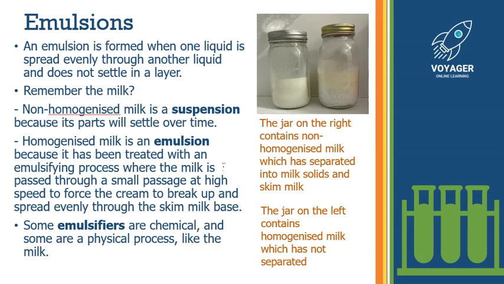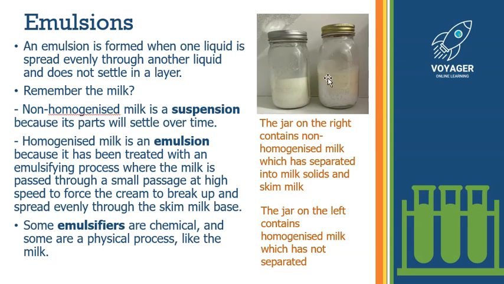This is where the milk is passed through a small passage at high speed. And this forces the cream, or those buttery, creamy lumps, to break up and spread evenly through the skim milk base. Now, some emulsifiers are chemical and some are physical, like the milk, for example.